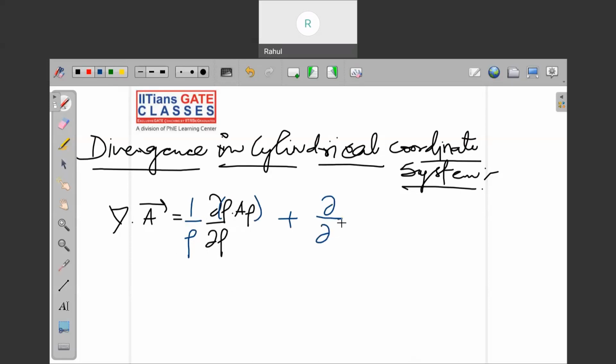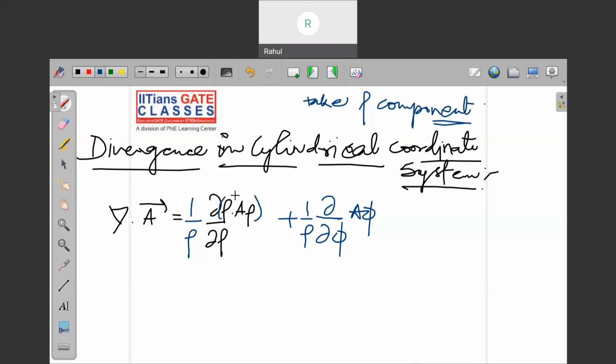dou by dou phi of A phi and simply 1 by rho. Why? Because there should be rho d phi. Understand? Rho d phi should be there. In case of the rho component, what you have to do is take the rho component, multiply with rho, take the partial derivative and then divide.